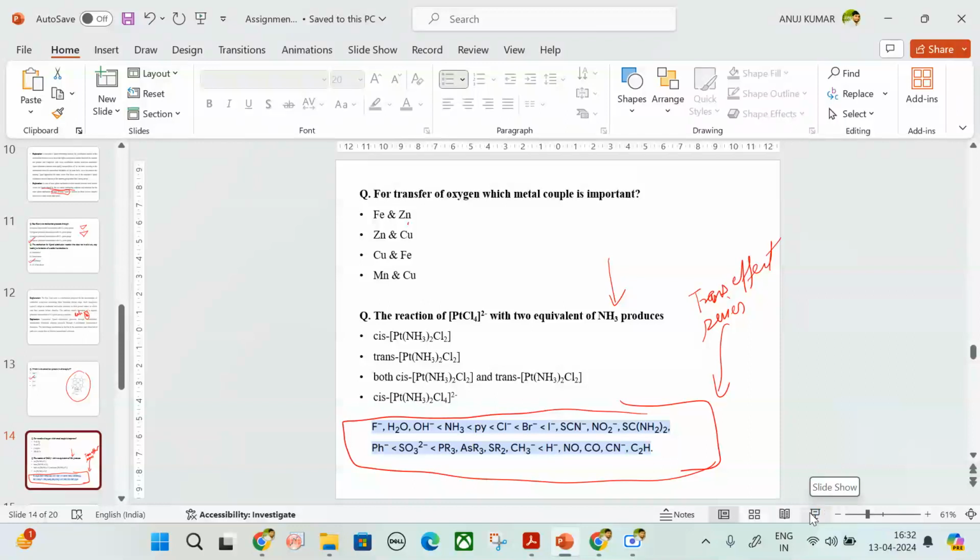But the very important metal involved in the transfer of oxygen, present in hemoglobin, is iron. So the metal couple which is very important for transfer of oxygen is copper and iron. Getting my point?